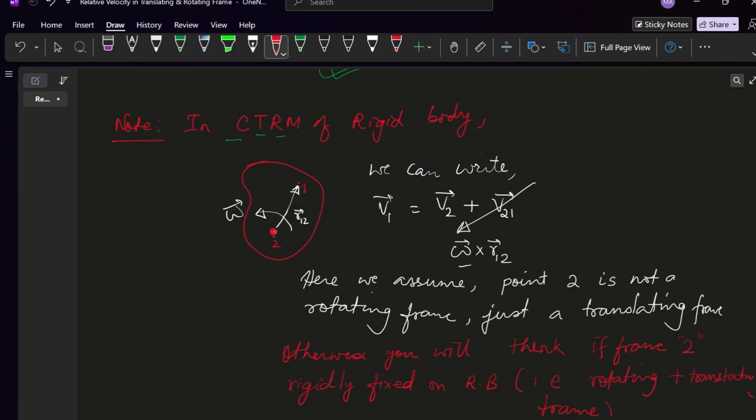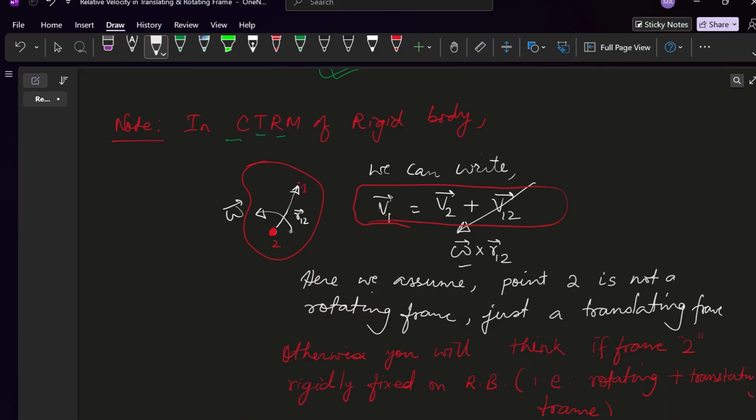This is only true if it is not rotating. Particle 2 here is not rotating, it's just translating. So for translation only, this result is true, as we have been studying in simple kinematics. v1 vector equals v2 vector plus v21 vector, and by the way, this is also going to be v12, velocity of 1 with respect to 2, right?